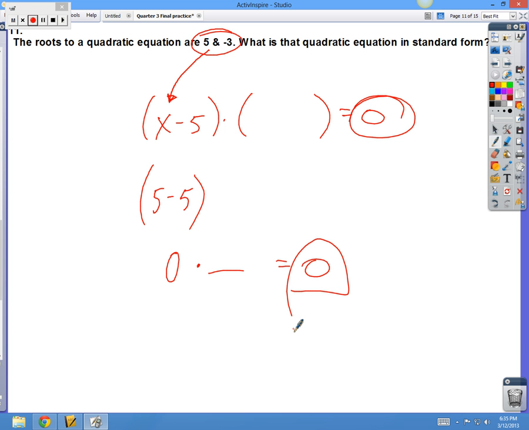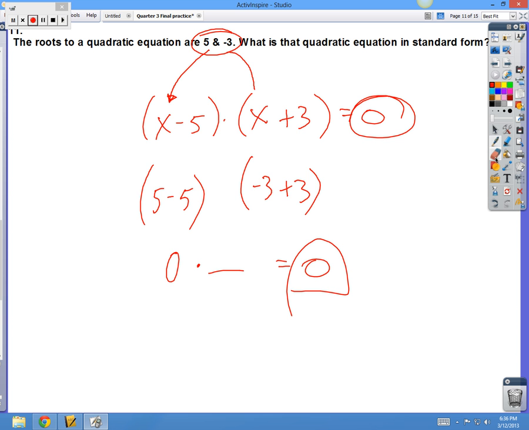I want to end up at 0. Okay, negative 3, if I plug negative 3 in for x right there, I'm going to turn around and add 3. Because I know if I put negative 3, add 3, there's my 0.